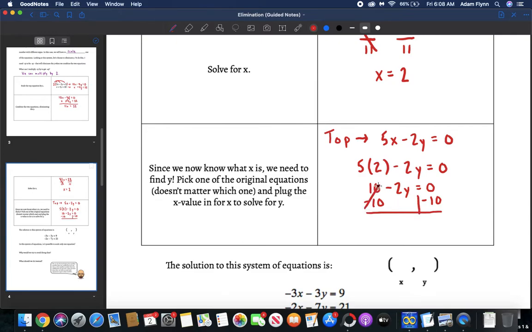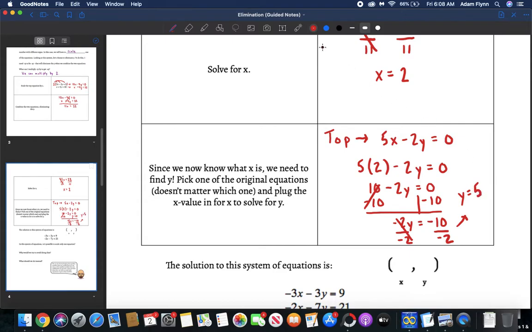Ten minus 10 will cancel, so I get negative 2y equals negative 10. Last step, I can divide both sides by negative 2. When I do that, the negative 2s will cancel. So I'll come right up here because I'm running out of space. I get y equals positive 5. Negative 10 divided by negative 2 is going to be positive 5.